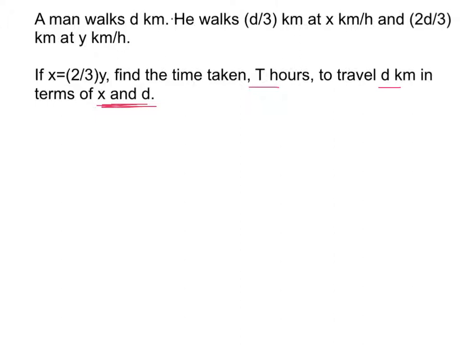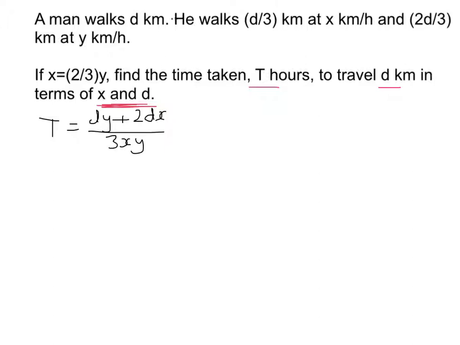So firstly we need to use the expression from part A. From part A we had the expression t, which is total time, is equal to dy plus 2dx divided by 3xy.